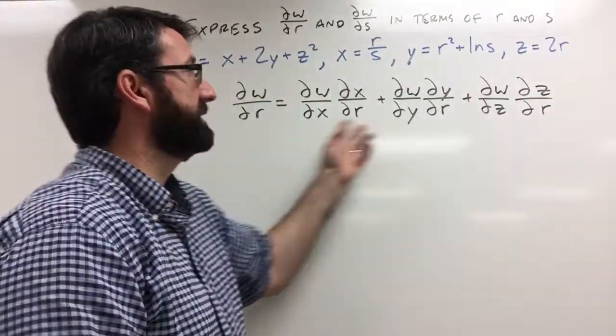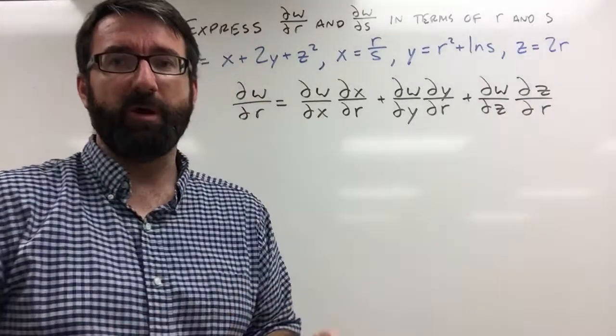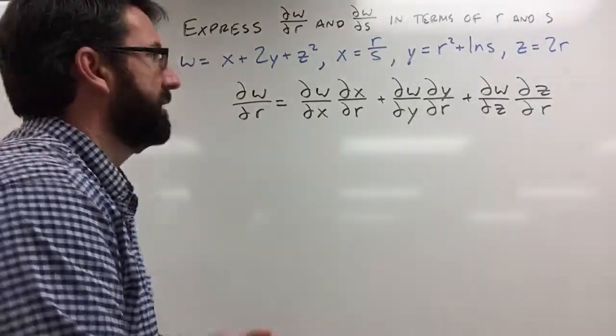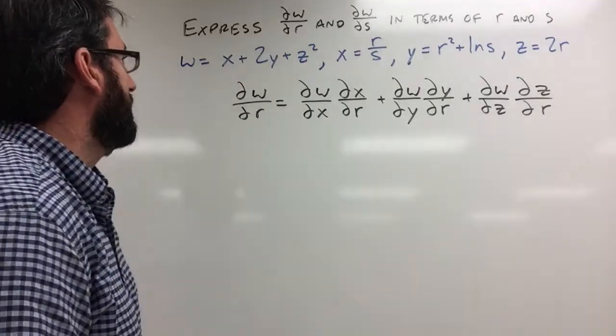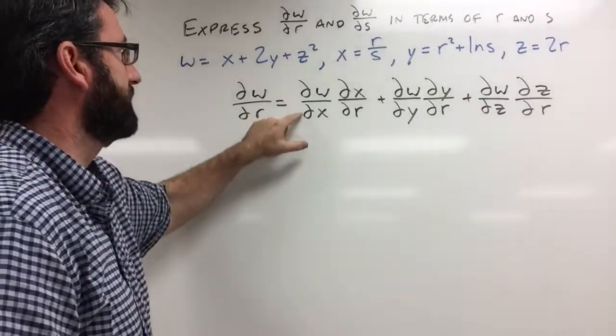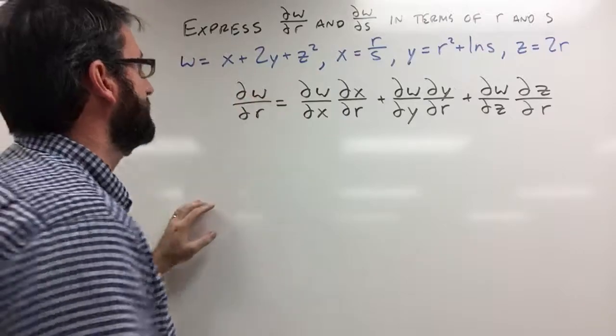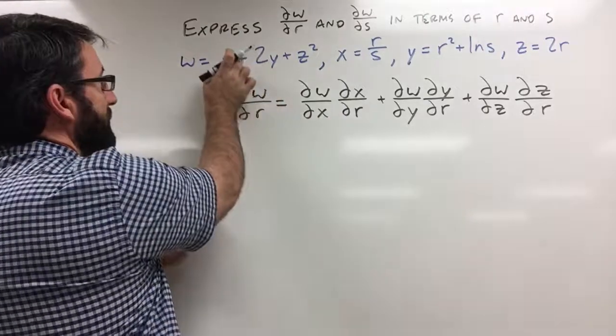All right, so now we just need to find all of those partial derivatives and put them together using this chain rule.